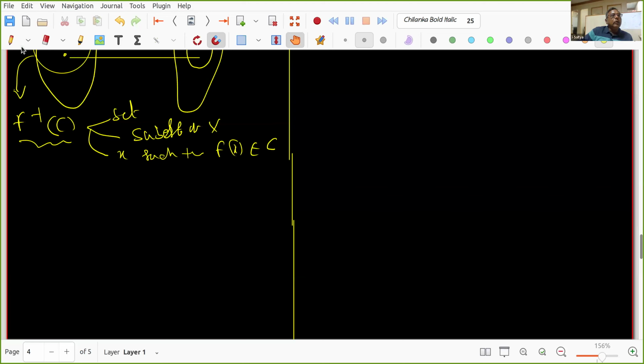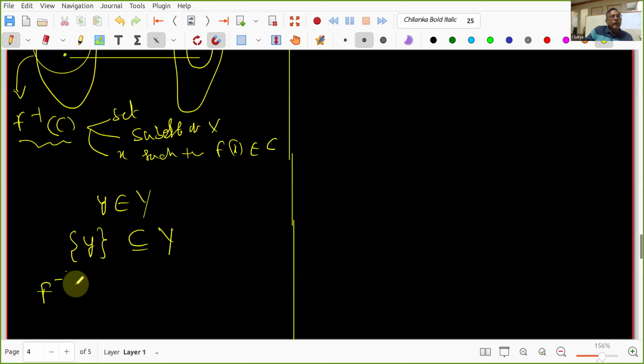Now one particular case. I take a small y belonging to Y. Then I can take the singleton set, which is a subset of Y, and talk about f inverse of singleton y. Can somebody guess the definition of this?